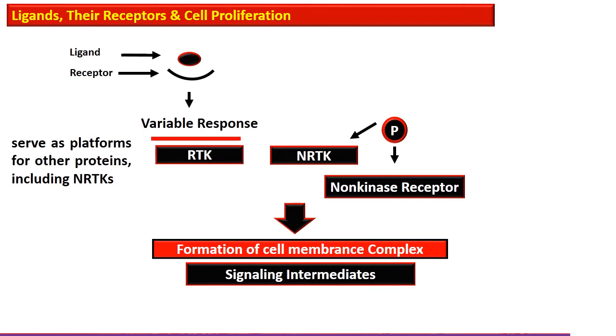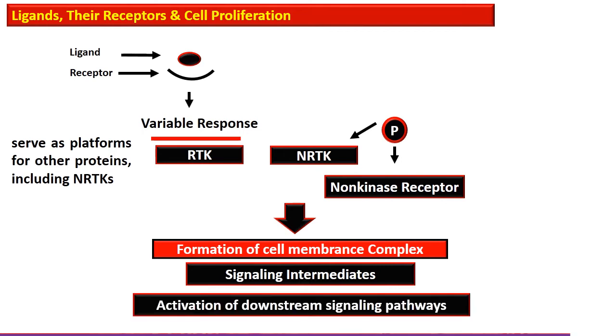The engagement and recruitment of the signaling intermediates will result in activation of downstream signaling pathways. The receptor protein role is important in oncogenesis, as these receptors get rid of their dependence on the ligand. They become constitutively active and independent of activity or transformation by the ligand.